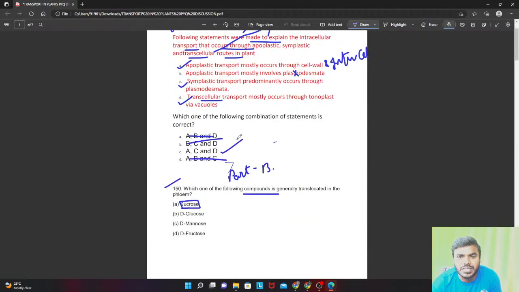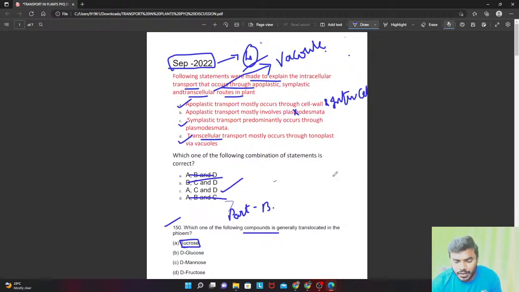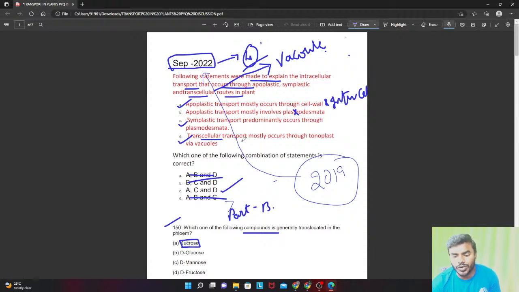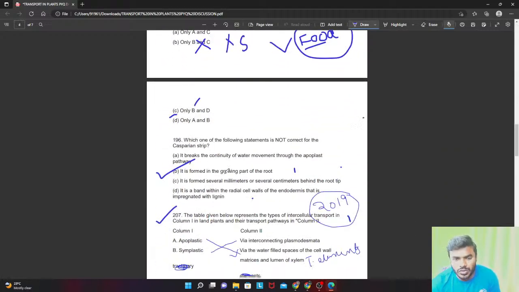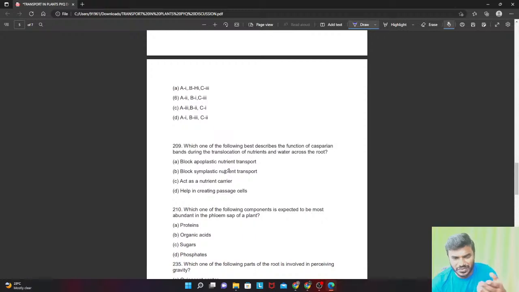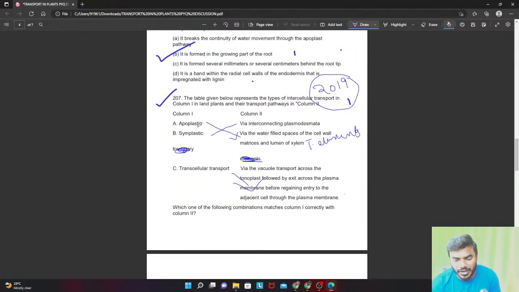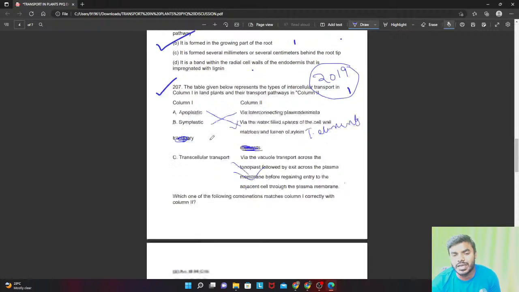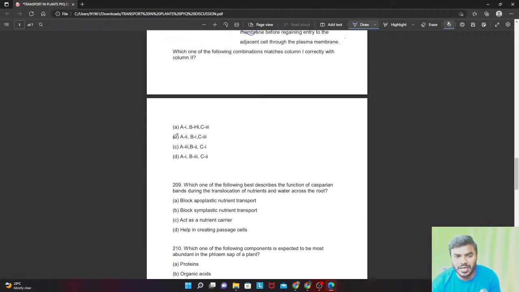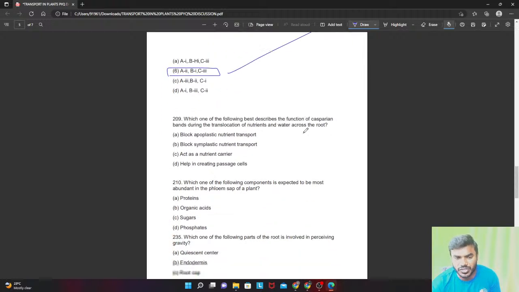Whatever question was asked in 2019, the same type of question was asked in 22 also. There is no change at all. Here they have given it in the form of statements, and in 2019 they gave a kind of matching statements. That's all. Matching and statement related, but the question is absolutely the same. Very good. Hence the correct answer will be B. A very straightforward question. Direct question.